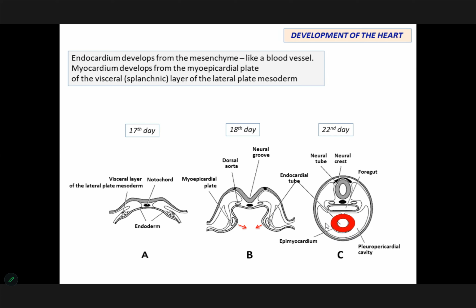So this will be the cavity of pericardium and visceral and parietal layers of pericardium as a result of lateral folding and fusion of lateral folds.